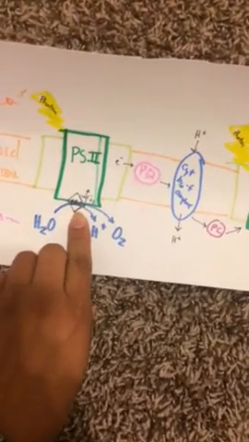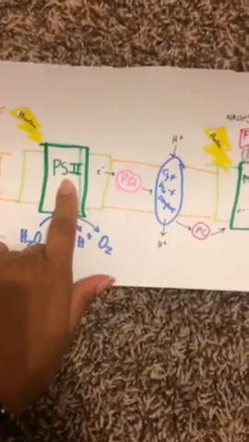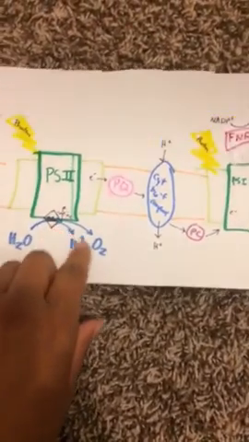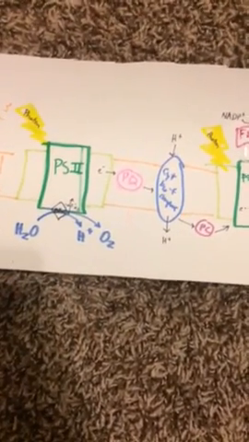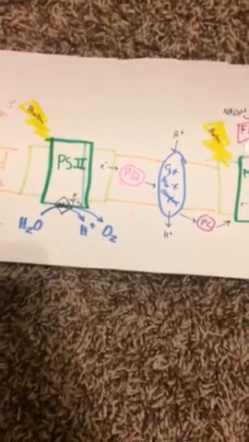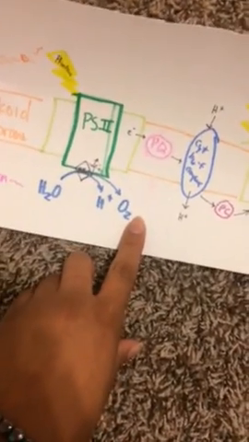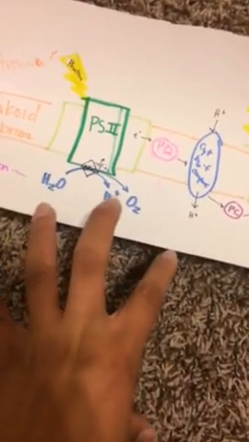It takes the electrons from the water molecule back into photosystem 2, and it splits the water, separating it into protons and oxygen, and that's how oxygen is made. And now these protons are inside the lumen, inside the thylakoid.